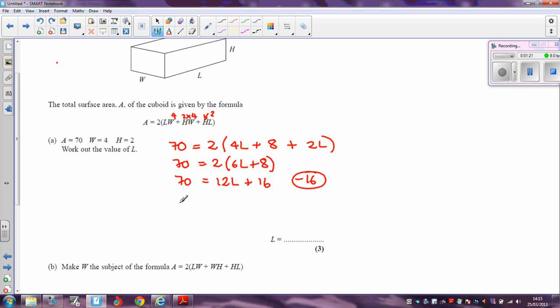So if I subtract 16 from 70, that's going to give me 54. So 54 is equal to 12L. Divide now both sides by 12, and I've got L is equal to 54 divided by 12. So L comes out as 4.5.